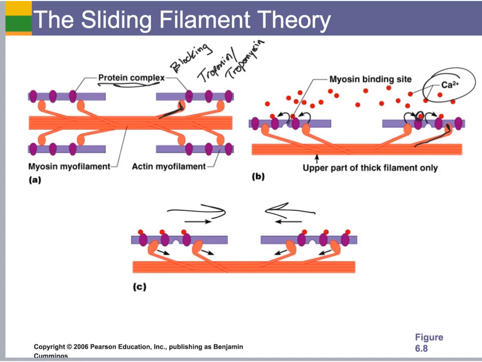And imagine this is happening on every sarcomere on a myofibril, and in every myofibril in one muscle fiber, and in all the muscle fibers in one muscle. So quite a bit of shortening there, causing muscle contraction.